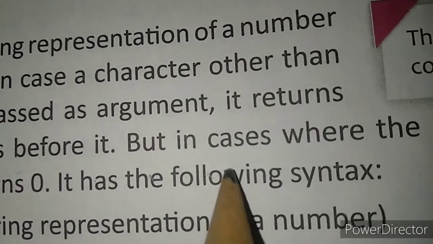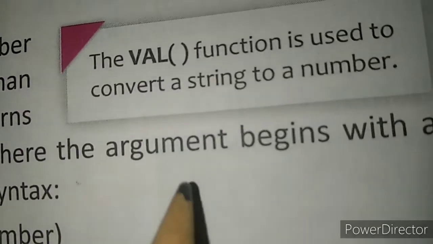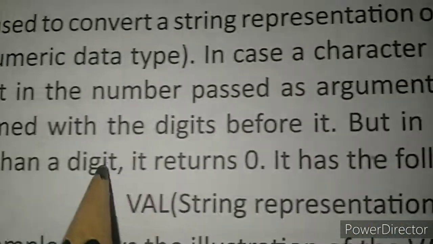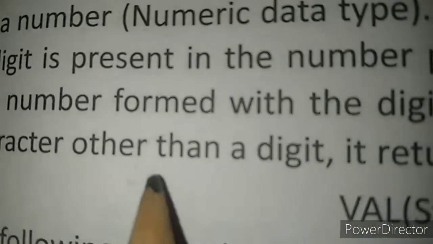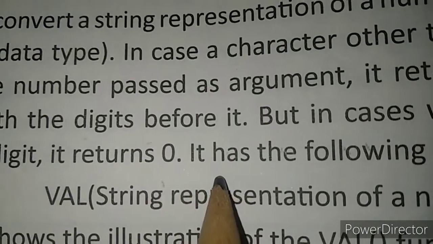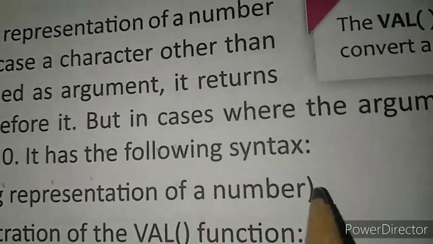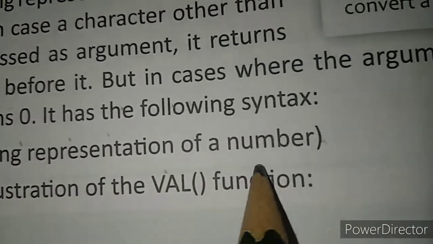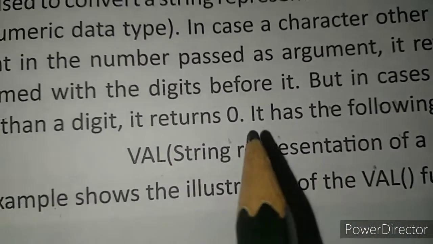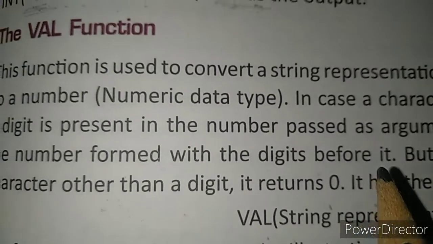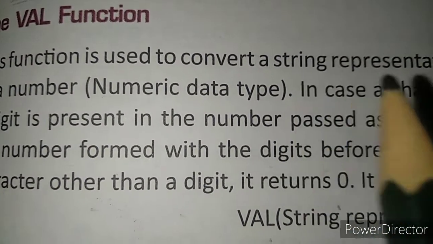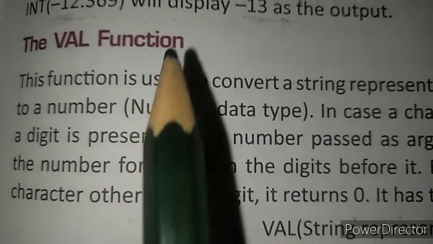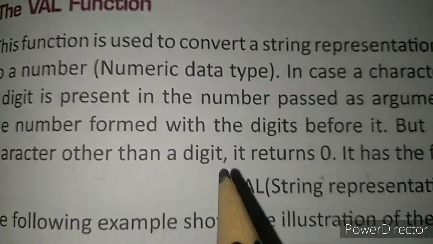But in cases where the argument begins with a character other than a digit, it returns 0. It has the following syntax: val of the string representation of a number. It means if you want to convert a string into a number, then you will use this function, the val function.